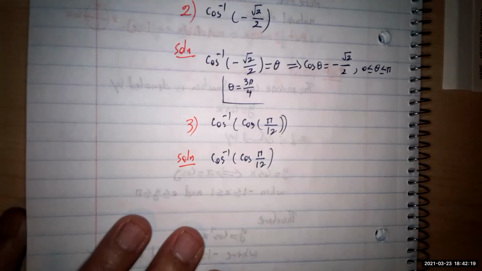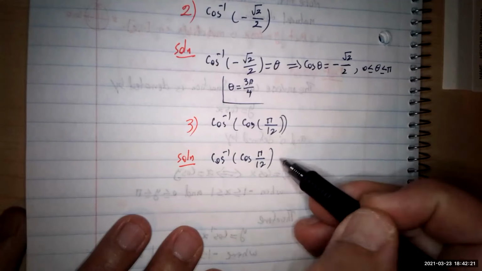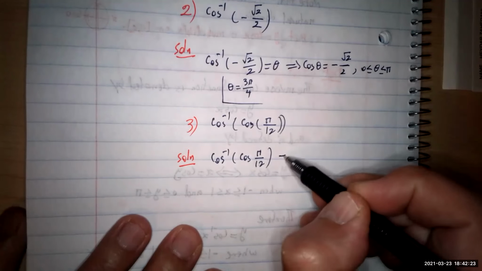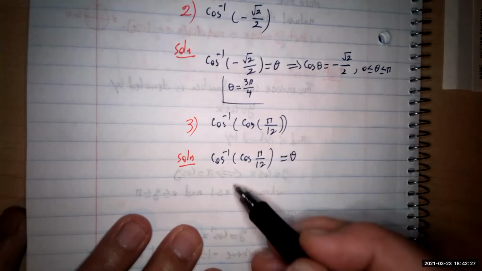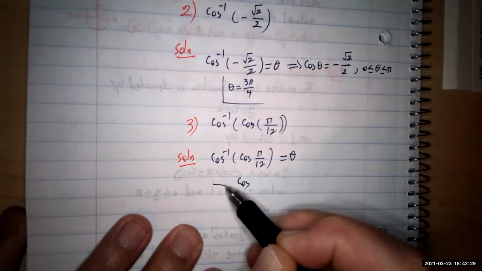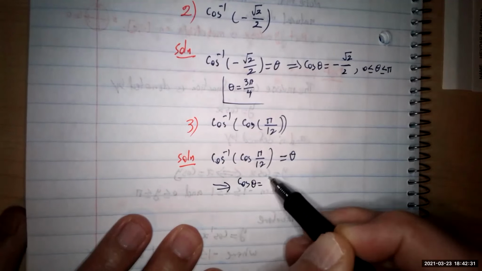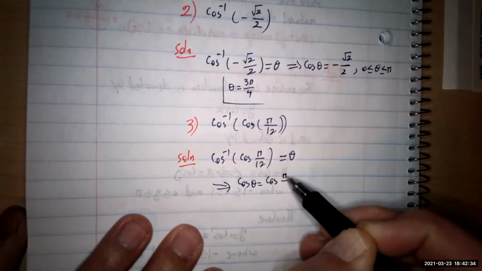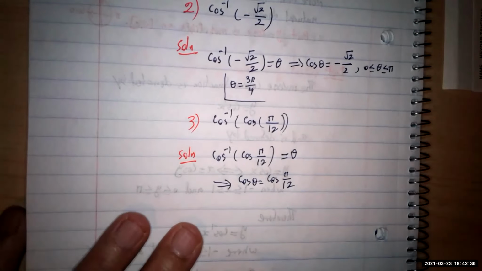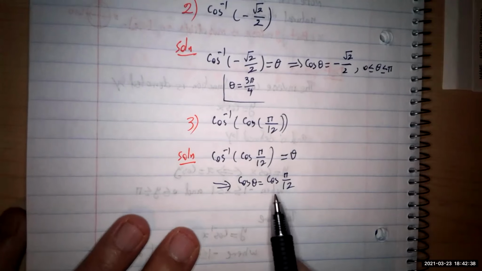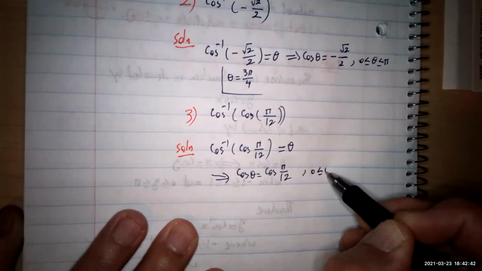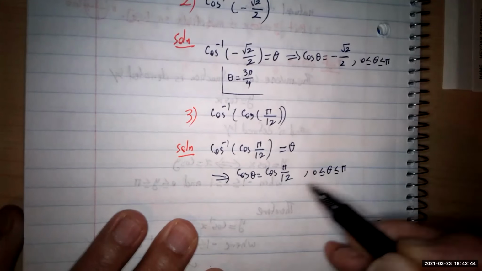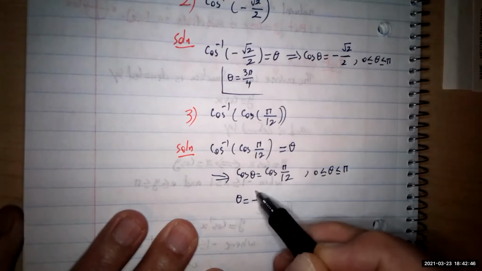So you call it theta if you like. If you call it theta, so that would be cosine of theta is going to be equal to the cosine of pi/12, and theta is going to be between 0 and pi. So that will be the fact that the angle is pi/12.